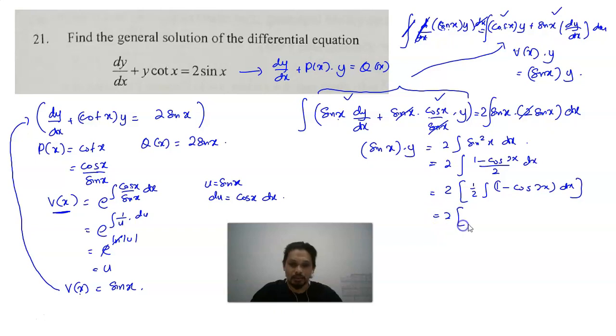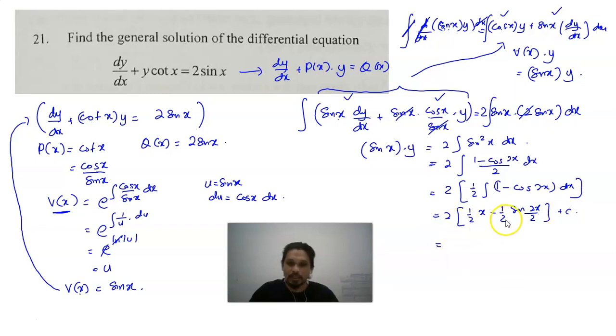That gives 1 over 2 integral of 1 equals x, minus 1 over 2 integral of cos 2x equals sine 2x divided by 2, plus c.